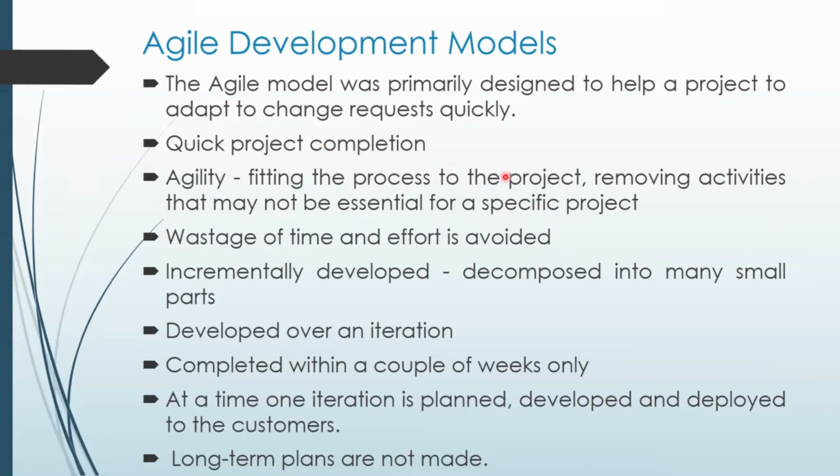It removes all the unnecessary activities that are not essential for the project. Even when a request arises, only the required and essential things will be implemented, removing all the unneeded things. So wastage of time and effort is avoided, and time and effort are reduced.